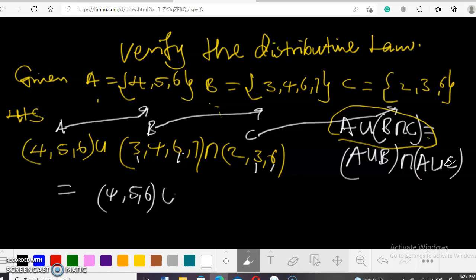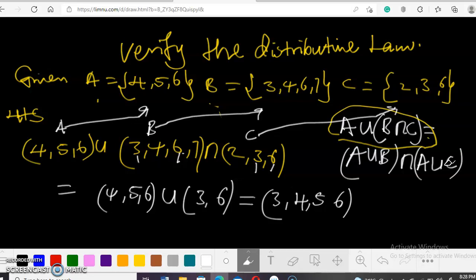So A union B intersection C will be 4, 5, 6, in union with 3 and 6, which represent B intersection C. So if we arrange this set systematically, we have 3, 4, 5, and 6.